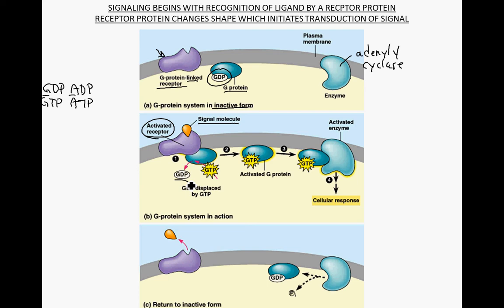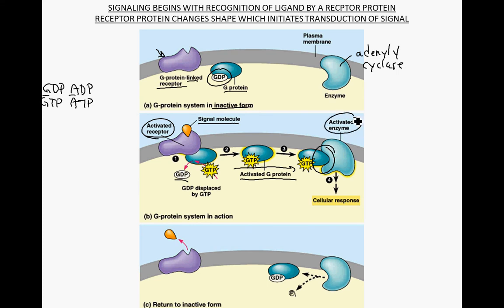And so now this GTP bound to the G protein is an active G protein. This active G protein actually shuttles and moves its way through the cytoplasm a little bit and will now bind to the inactive adenylyl cyclase. And this binding right here activates the adenylyl cyclase. So this is an activated enzyme.